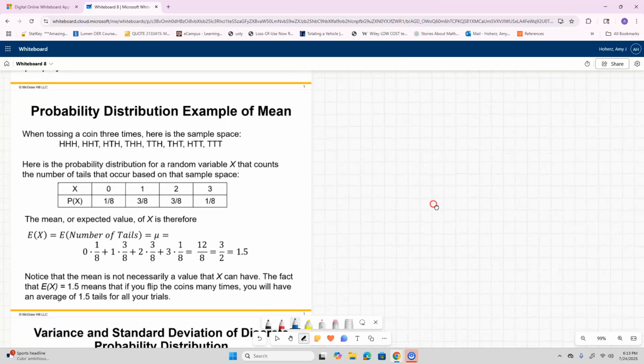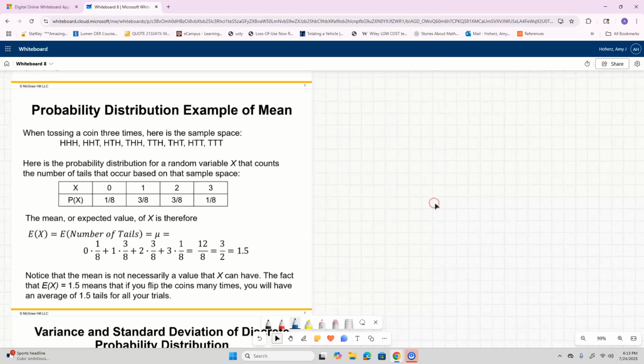So let's look at a probability distribution example. Here we're going to go back to our sample space of flipping 3 coins or tossing a coin 3 times. It doesn't really matter if you flip 3 coins at the same time or flip 1 coin 3 times. It's the same thing. So we've got heads, heads, heads as one of our possibilities.